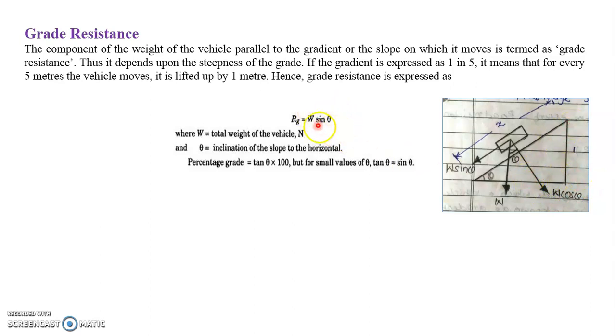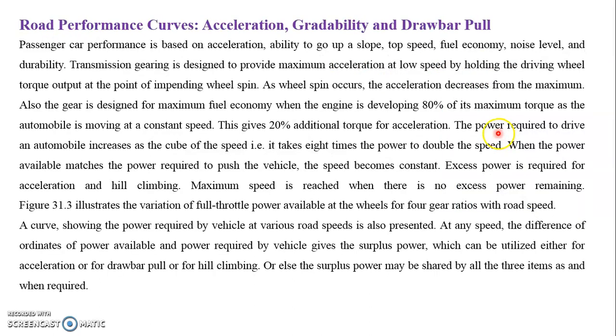Theta is the angle of inclination of this slope with the horizontal, so sin theta is equal to the opposite side divided by the hypotenuse. Suppose the vehicle is lifted by 1 meter while it moves x meters; then it is 1 upon x. In this example, if the gradient is expressed as 1 in 5, it is 1 by 5.